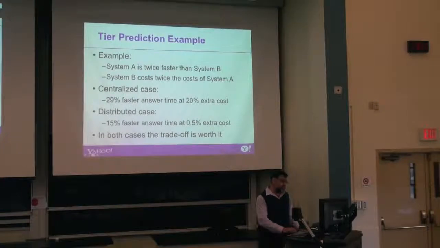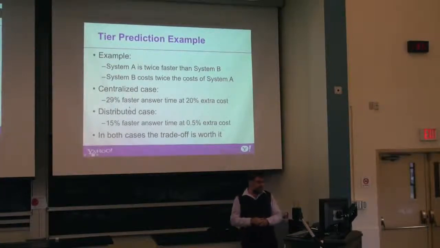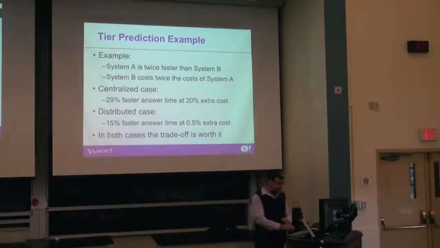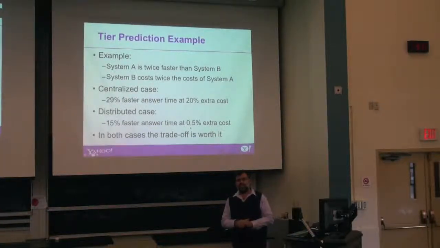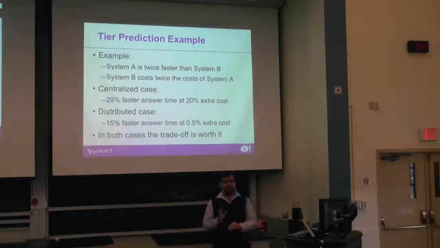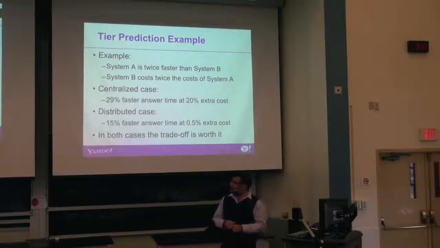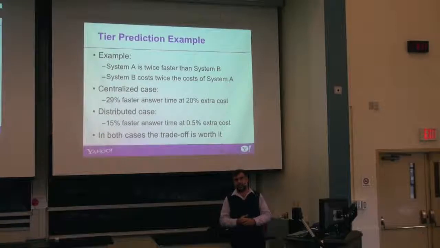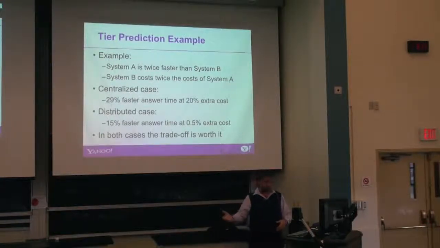Well, in the centralized case, you can get 29% faster answer time at 20% extra load, and then extra cost. Distributed case, much better, 50% faster at just 0.5% extra cost. Well, in both cases, it's worth it. Even in the first case, if you can do 29% faster, that means you can answer more than 35% more queries. That's good. That will give you more money too. Remember, search advertising depends on the traffic.